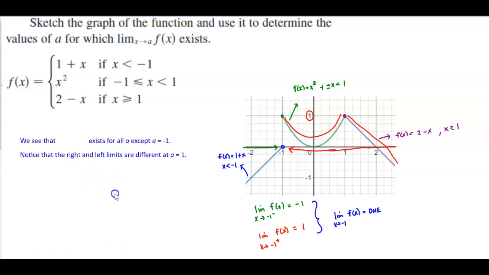So we see that, using the value of a, the limit as x approaches a of that function exists for all a except when a is equal to -1, because if you notice, the right and left limits are different at a equal to -1.